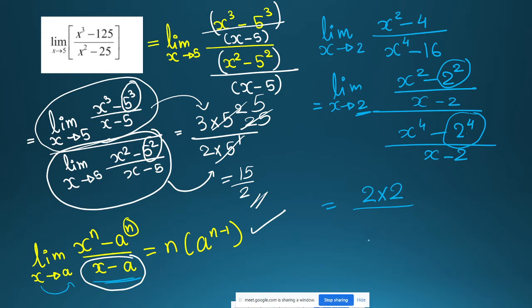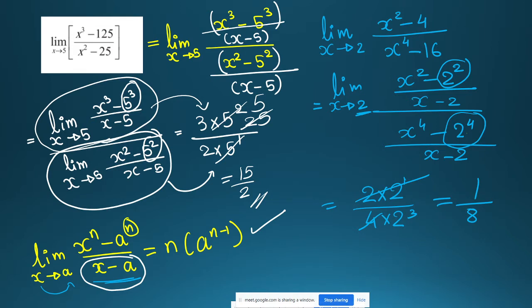What is my denominator? Yes, it is 4 into 2 raised to 3. So this is 2, the 4 cancels with this. 1 divided by 8 is the answer. Very good, Sailiji.